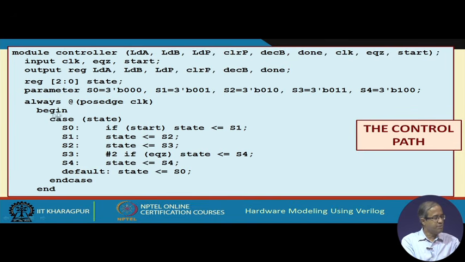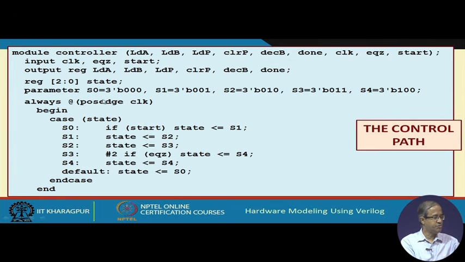Now, this always block is exactly the state transition diagram which you saw earlier. It says there is a case statement. So, if my present state is S0, you remain in S0 until start is activated. So, if start is true, then state becomes S1. Now, if it is in S1, if there is a clock, you will always go to S2.